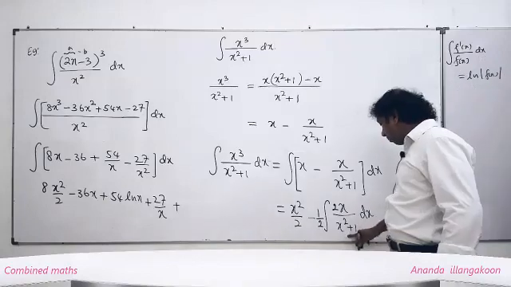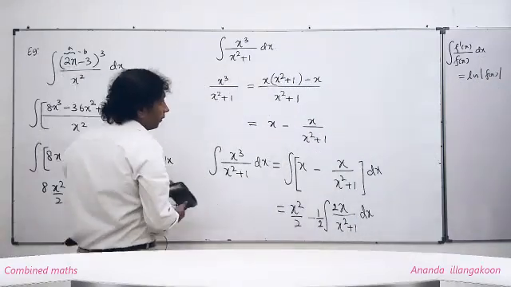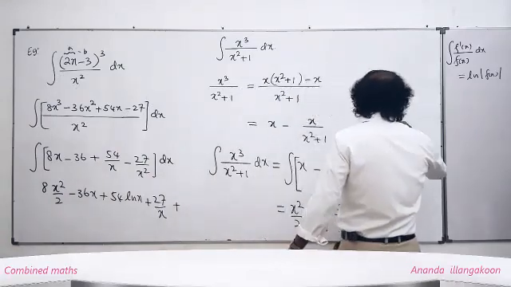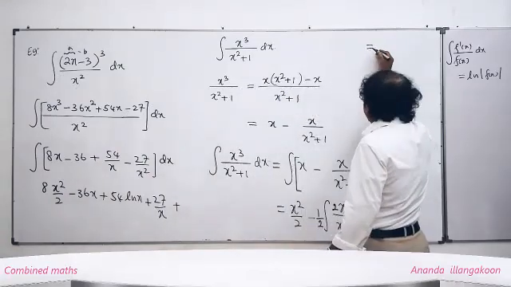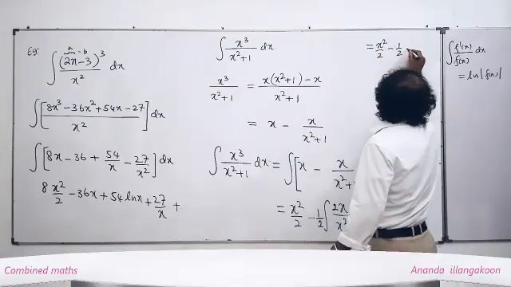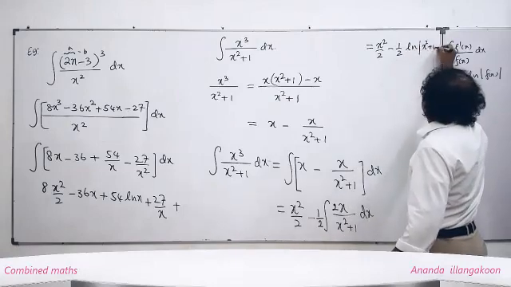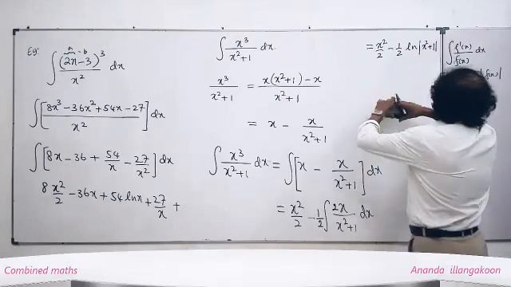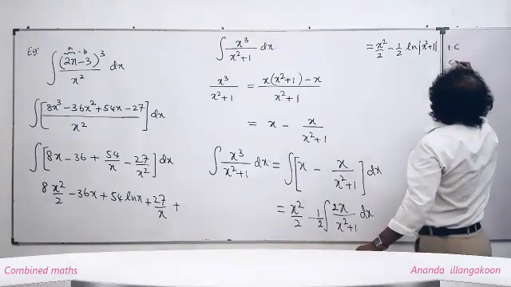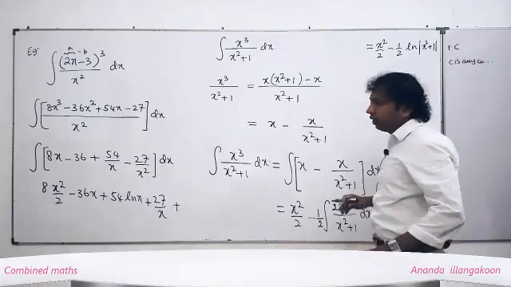Then that one we can apply here to get this answer. I write that here: x squared by 2 minus half ln modulus x squared plus 1 plus C. C is any constant. Like that, we get the answer.